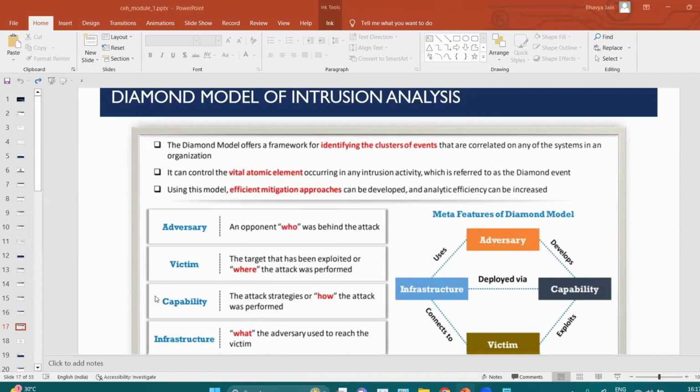And then we have infrastructure. Infrastructure is what the adversary used to reach the victim. For example, we have the network of any company. Okay, like for example, inside this network, this is my main system.